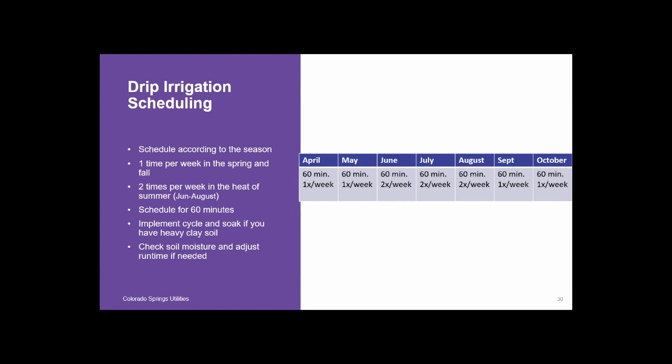The other tip I have for drip irrigation is that the best way to schedule, and one of the only ways to schedule drip irrigation properly, is to put drip irrigation on its own program.